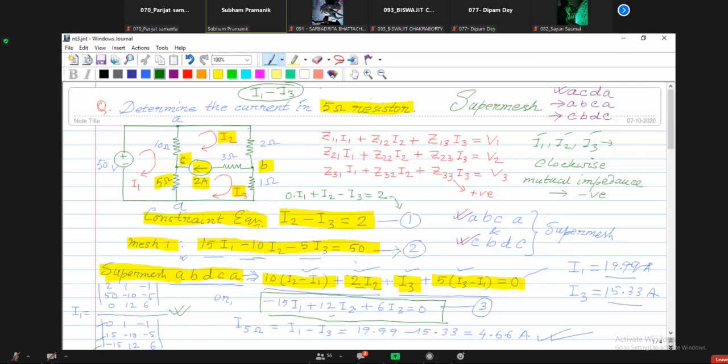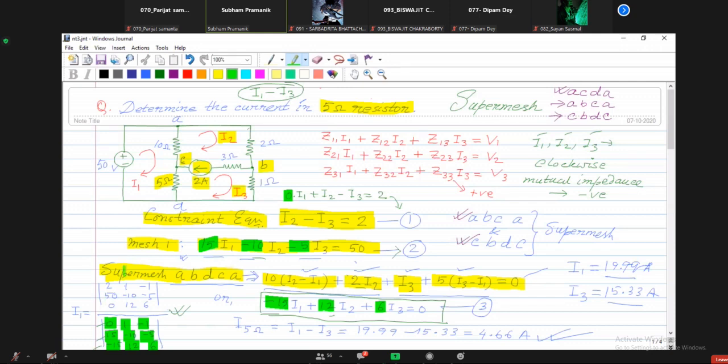Then using Cramer's rule, any current can be found, I1, I2, I3, whatever. If you are finding I1, then the denominator determinant will contain all of them: 0, 1, minus 1, then 15, minus 10, minus 5, then minus 15, 12, 6.